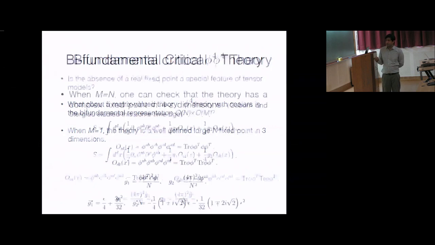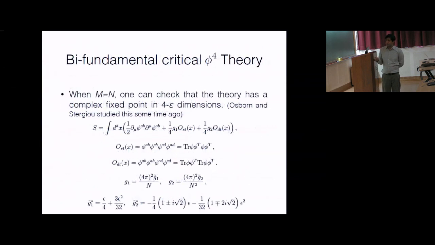So we can ask, what does the beta function look like in this case? You calculate the beta function and you find the fixed point. If you require the single trace coupling to be non-zero, you find a fixed point where G1 is epsilon over 4. But then the double trace fixed point comes out to be complex.